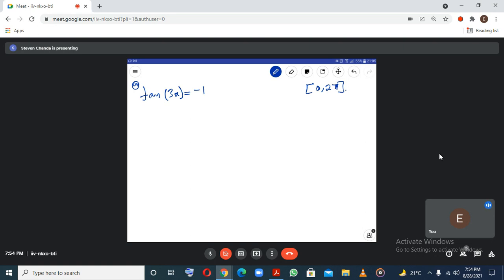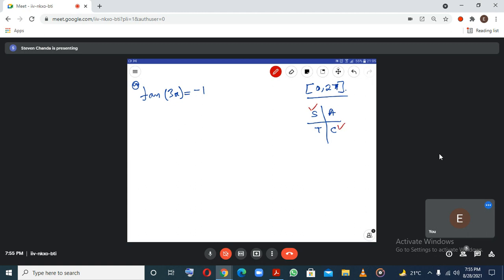Okay, so here when you look at that particular question, since we are using this range, you ask yourself, in which quadrant is tan negative? It's going to be in the second and the fourth quadrant.